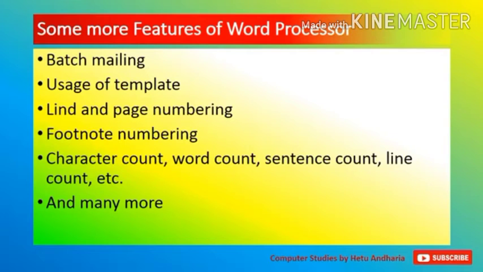You don't need to type the page number every time on each page. You can straight away insert page number. Then footnote numbering. In the textbook or digest, any book, we see that at the bottom of the page numbers are printed, the name of the chapter or the name of the book is printed. All these things are possible using Microsoft Word.